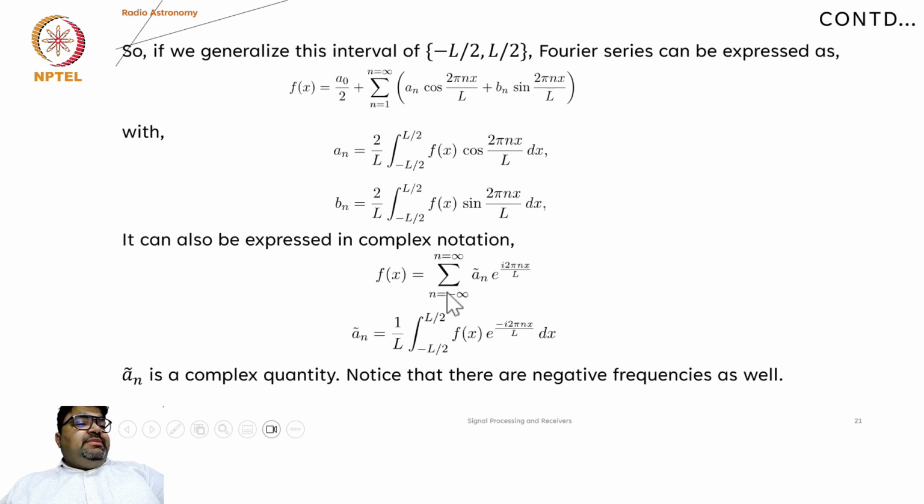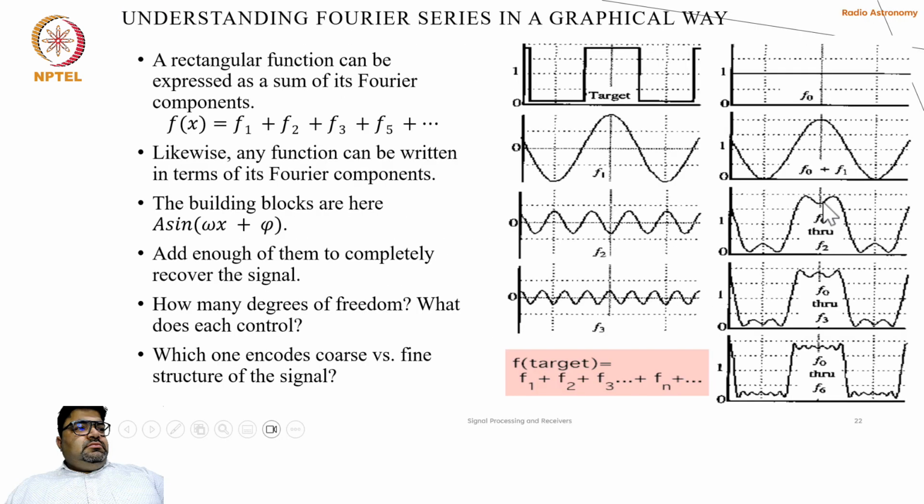It can also be expressed in complex notation by combining both the cosine and sine functions in this manner. Graphically, you can see what is happening in this particular case. This is a rectangular function which can be decomposed into several sine functions.